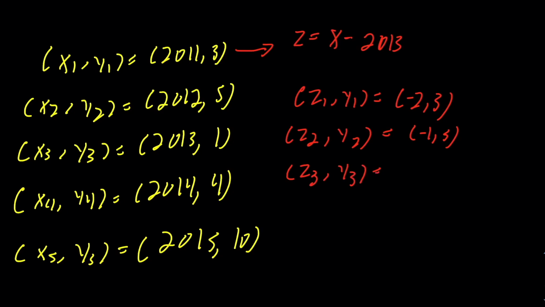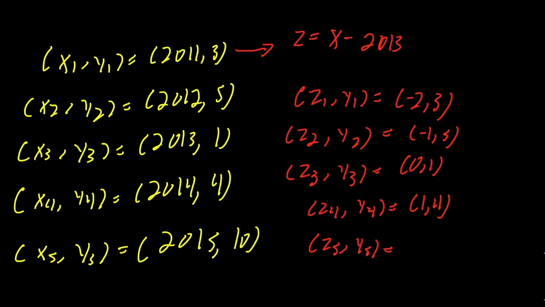By now you should be able to see a pattern here. And we can do the same for x4, and we get 1, 4. Then for the fifth point, we get 2, 10. Wow.